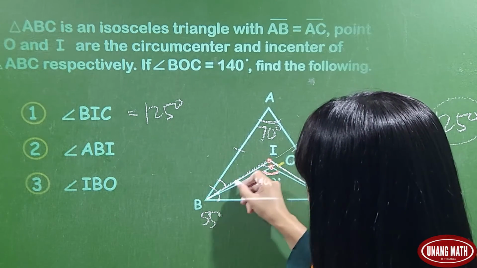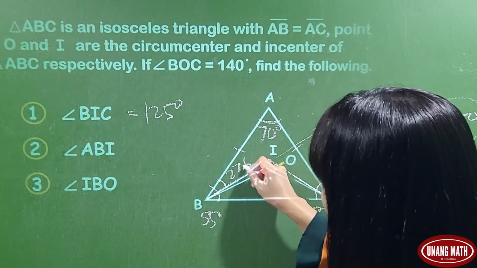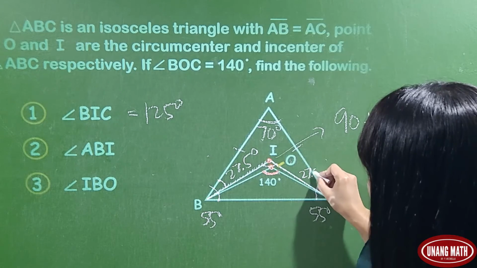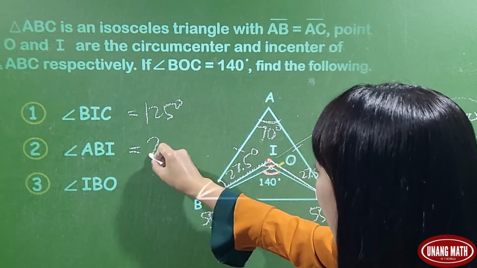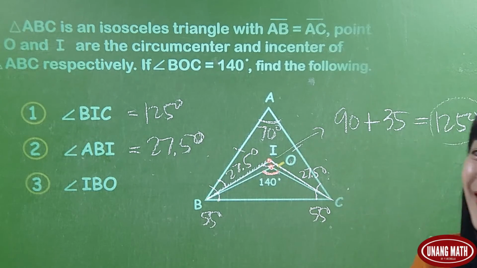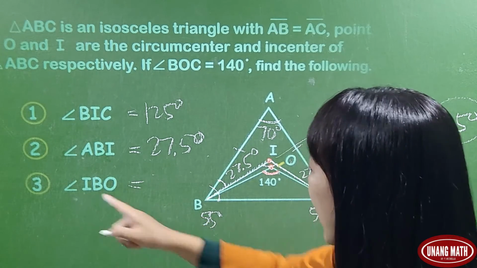So this is the angle bisector. Half of 55 is 27.5 degrees. So here, 27.5 degrees also. So angle ABI is 27.5 degrees.